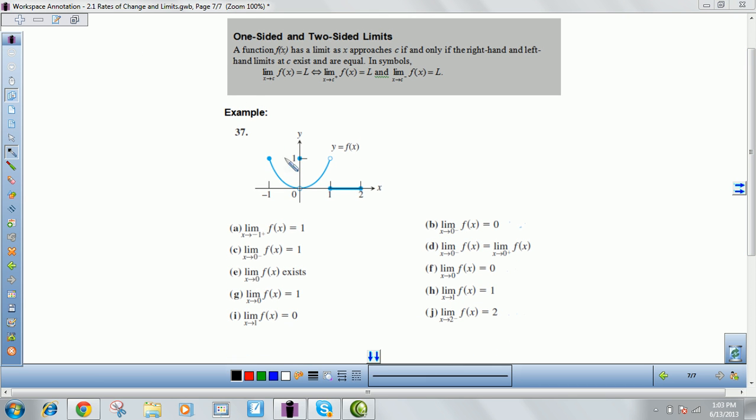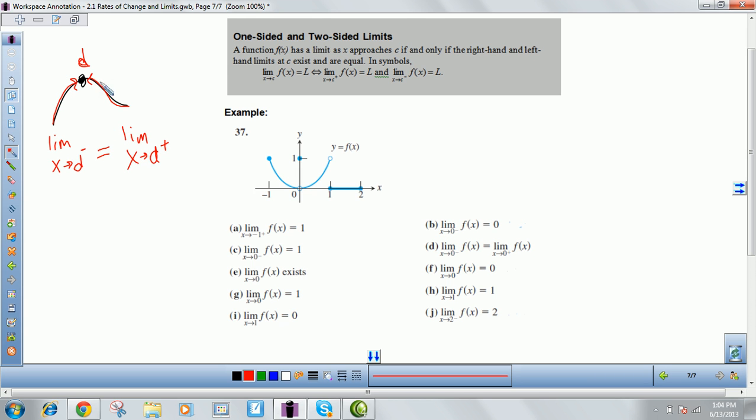We've been looking at some that have two-sided limits, whereas if you have a curve like this and you're looking at this point, as x approaches that point from the left and as x approaches that point from the right, let's say this is point D, the limit as x approaches D from the left is equal to the limit as x approaches D from the right.